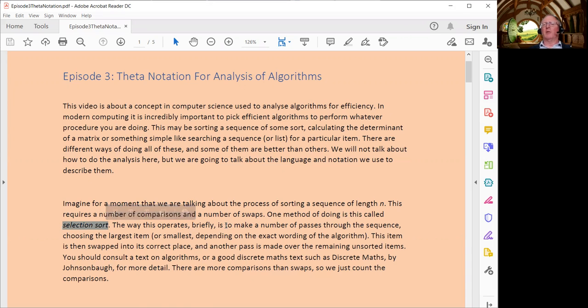And the way that this operates is to make a number of passes through the sequence. You choose the largest item, though you could choose the smallest depending on how you word the algorithm. So you then swap that item into its correct place and you make another pass over the remaining items that are not yet sorted. You don't go over the stuff that's just been sorted.